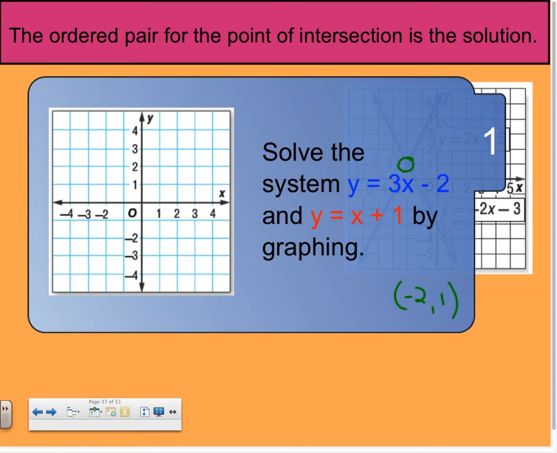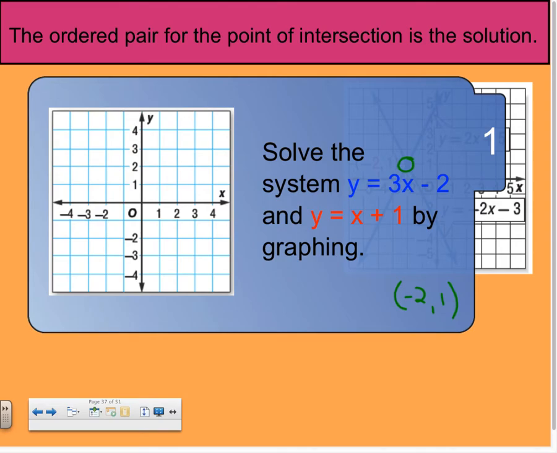Now, there's two ways that you can graph these lines. You can come up with an in-out table or a function table by substituting values of x and seeing what you get for y, and coming up with a coordinate pair. Let me show you what that would look like.